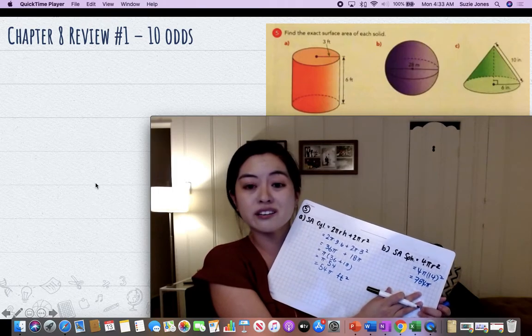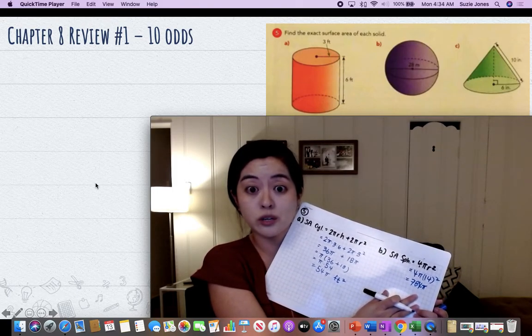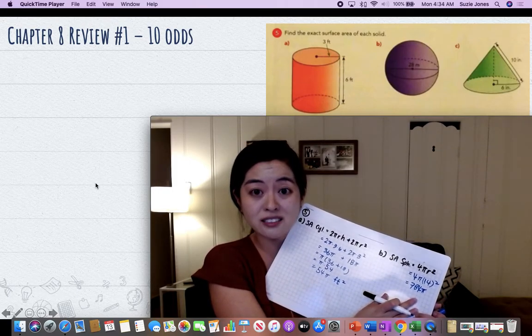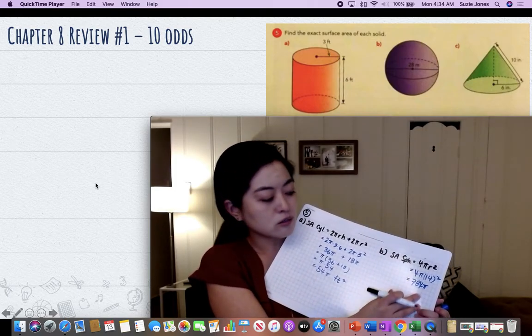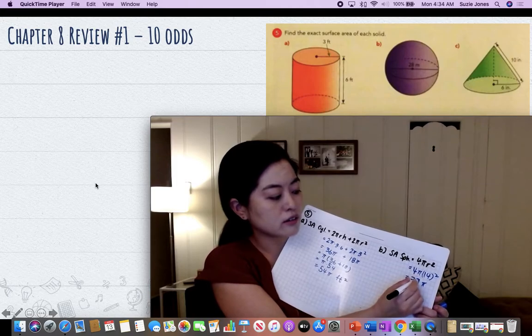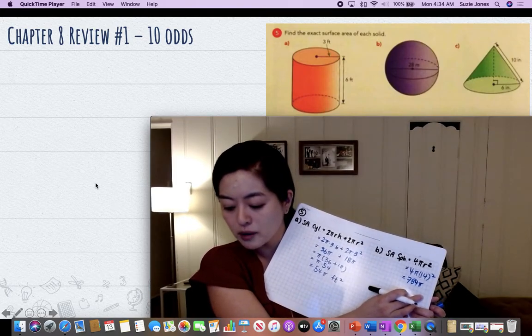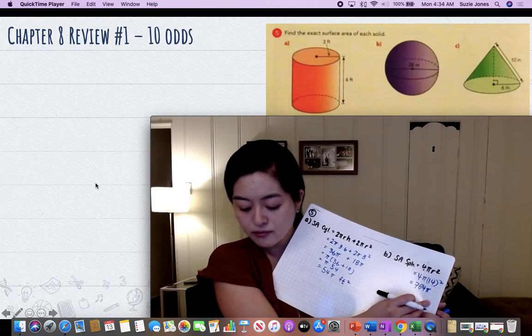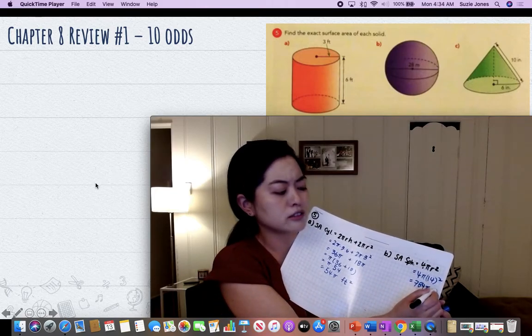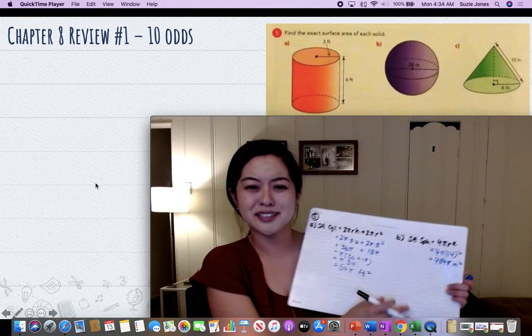And again, we want to leave it as exact because the question says to find the exact surface area of each solid. Okay, so this is a 4. If you can't read it, just 784 pi square meters. I was just trying to find what I needed to write.